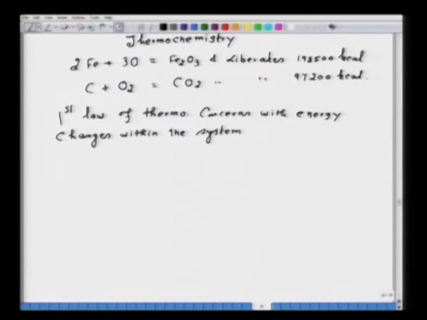Now, I am not going into the detail of the first law of thermodynamics. I will be giving you only that particular portion of first law of thermodynamics which is relevant for heat balance calculation.